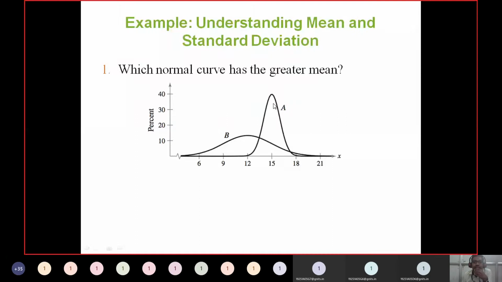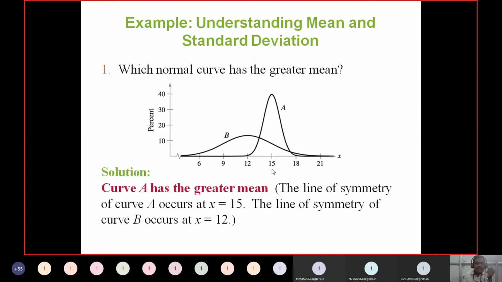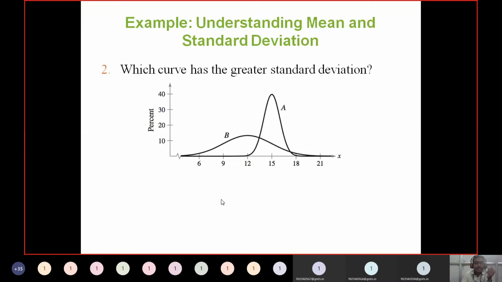Now you can see that the line of symmetry for A is about x equal to 15, and the line of symmetry is nothing but the mean. Therefore, A has a higher mean. Which curve has a greater standard deviation?